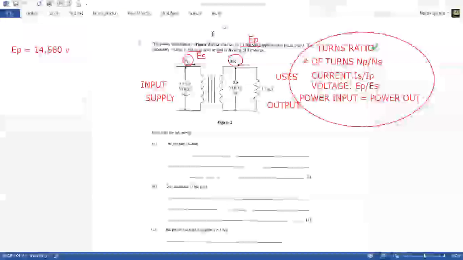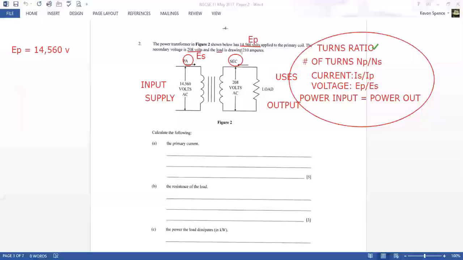Okay? So when you read this and you see the load is drawing 210 amperes, automatically you recognize that this 210 amperes here represents what we now call IS, or secondary current. All right? Now, finding your turns ratio. Turns ratio, which is TR.